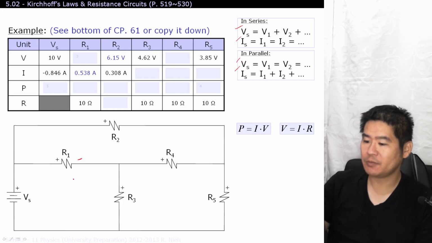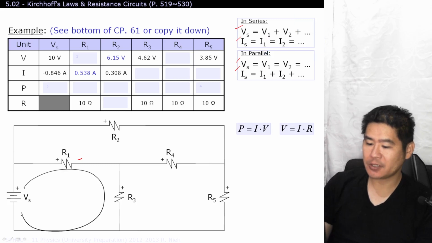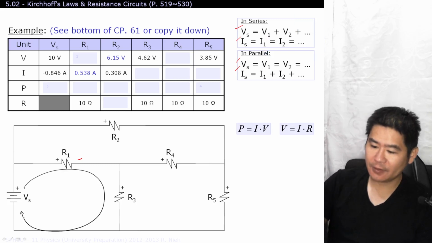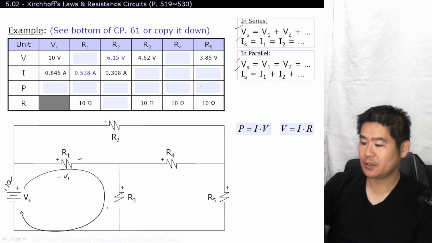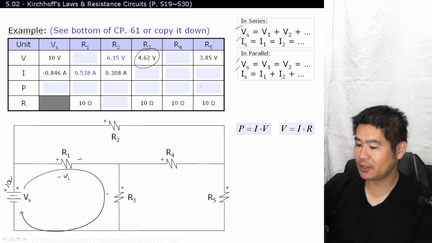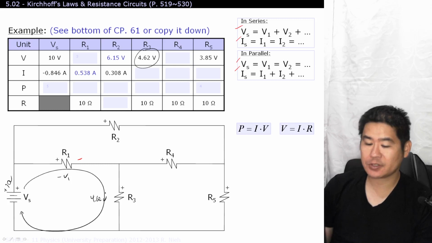R1 has a measurable potential difference, but that could be figured out by this loop over here. Vs is a gain of 10 volts. R1 will lose a certain amount, we don't know. Through R3, we're going to lose another amount, and we have the value across R3 of 4.62 volts.